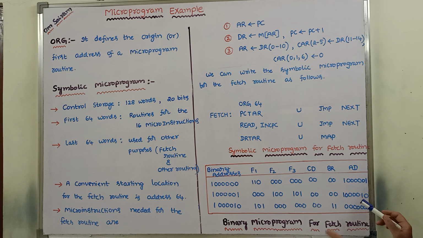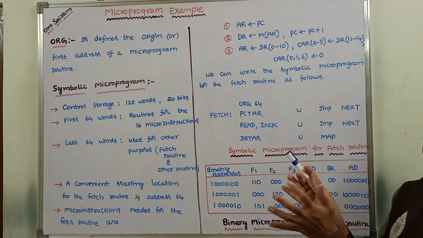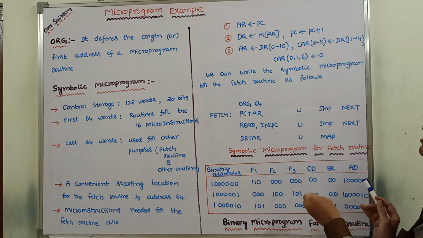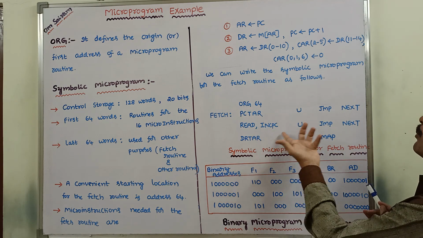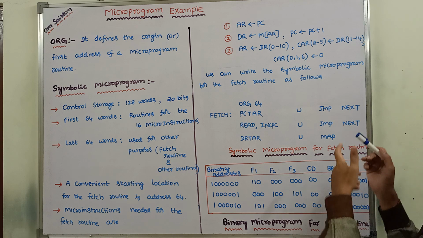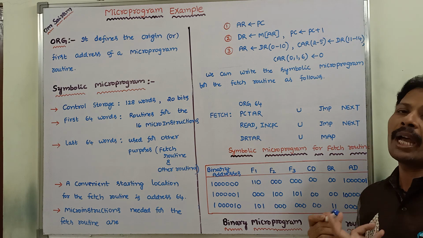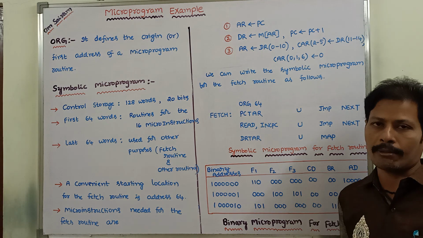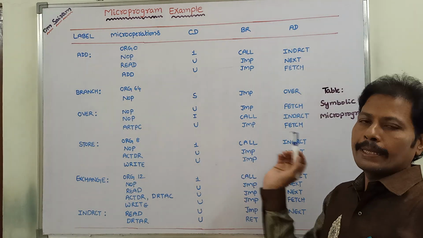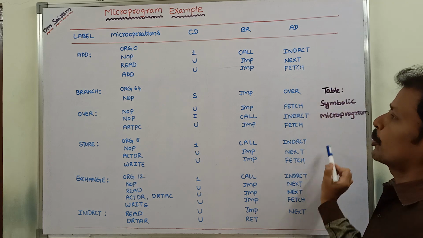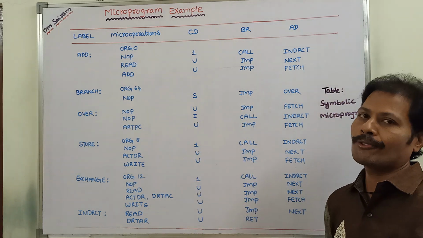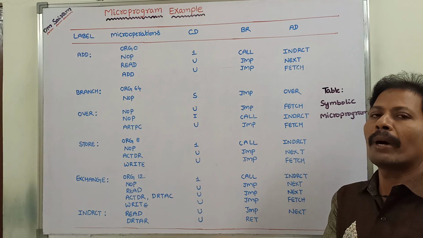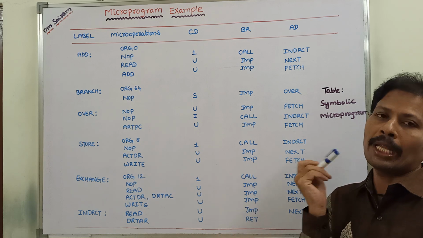In this way we have to take some micro instruction, and what the corresponding symbolic and binary microprograms are will be discussed in the next slide. This is the symbolic microprogram for various instructions. In the previous slide we saw the symbolic microprogram for the fetch routine only.